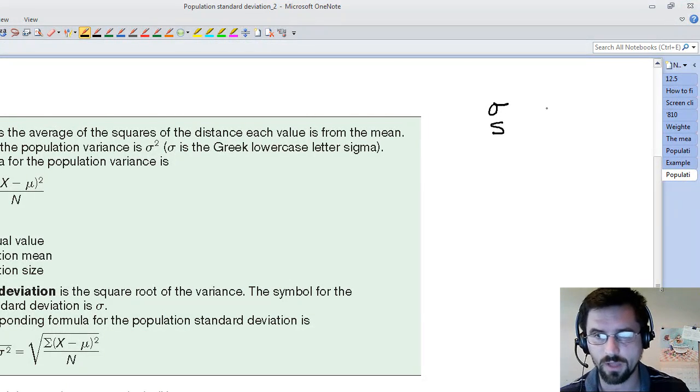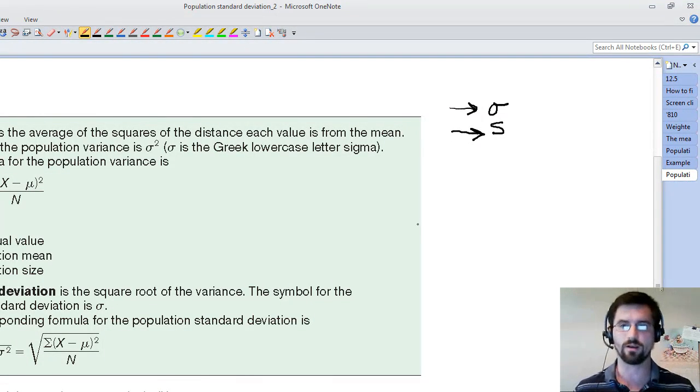The TI-83 will calculate both, TI-84 will calculate both, but since this is a population, you'll want this one. If you were doing sample standard deviation, you'd want that one. Okay, you can check out that video if you have the calculator.